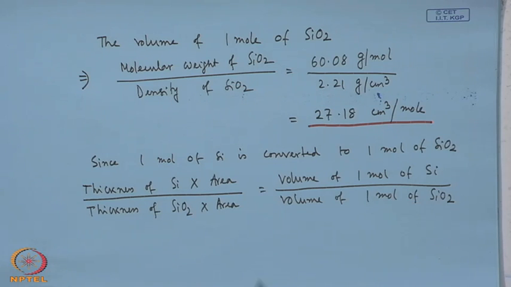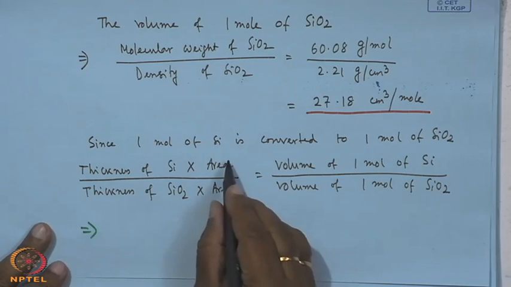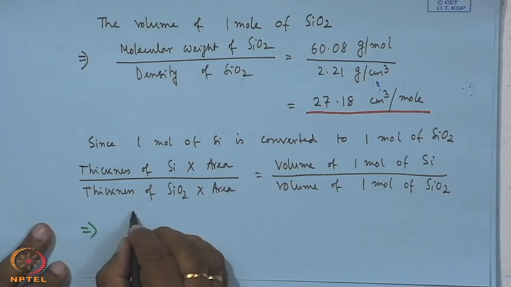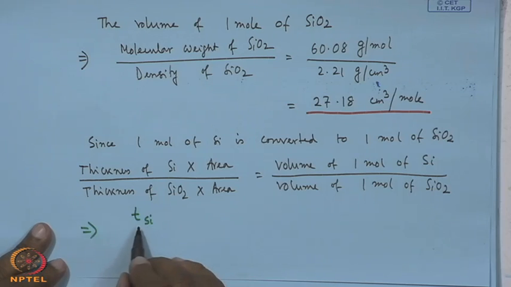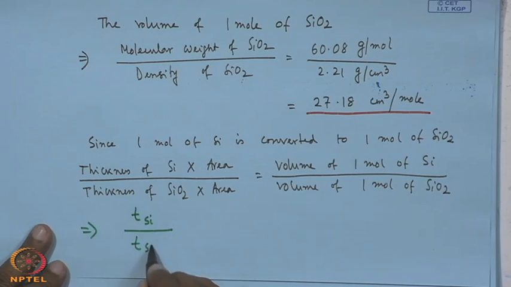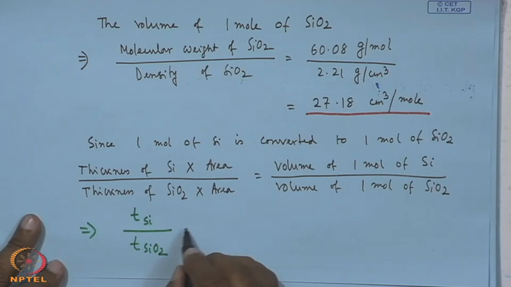So, now you can write from this equation, if you cancel out the area, the thickness of silicon, let us denote it by TSi, to the thickness of the silicon dioxide is equal to the volume of 1 mole of Si.